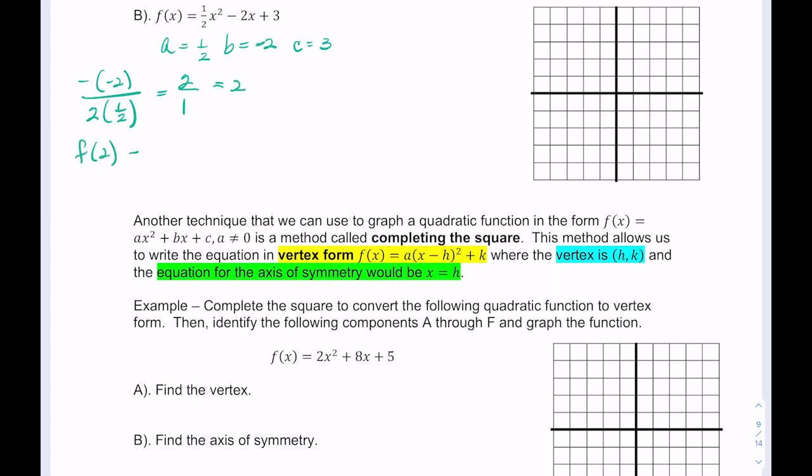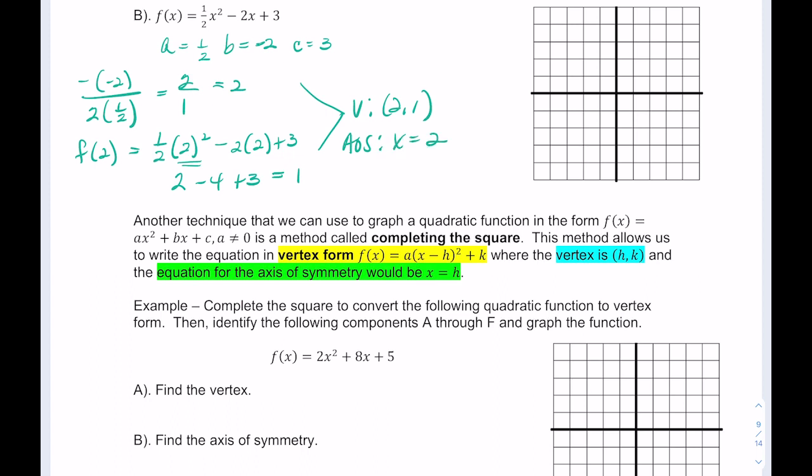So now I'm going to find f of 2. Okay, so I have to do order of operations, right? Power first, so 2 squared is 4, half of 4 is 2, 2 times 2 is 4, so you have 2 minus 4 plus 3, which gives you 1. So the vertex is 2, 1. And my axis of symmetry is x equals 2.